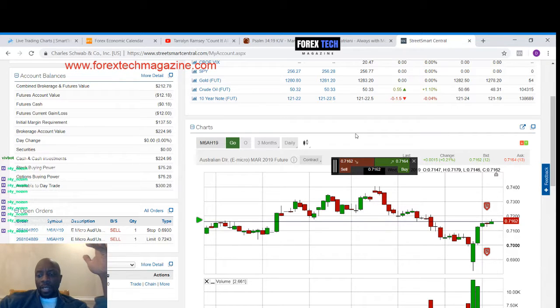Just for instance, I'm trading the Aussie dollar right now, and it's only costing me $137 to hold on to the position. That's the minimum account deposit, and then I have to have at least $122 in the account at any given time while I have this position on. That is the maintenance margin, and that allows me to still participate in the trade as long as I've got that.